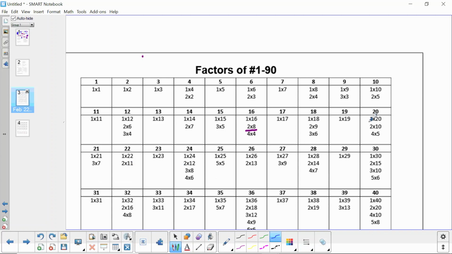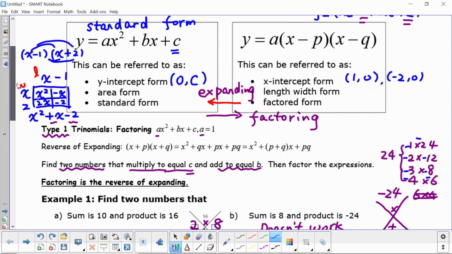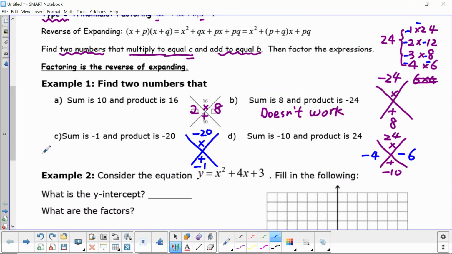So it's 20. You have 1, 20, 2, 10, 4, 5. So we are going to go back and see which works. So I will put the factors here. So 1 times 20, 2 times 10, 3 doesn't work. 20 divided by 3 is not divisible. So try the next one. 4, 20 divided by 4 give you 5.